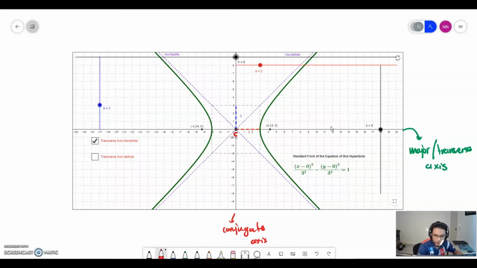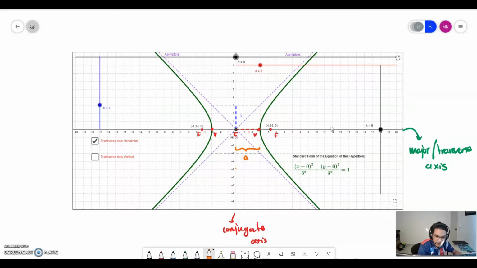This hyperbola has its focus right over here. This is the focus for the hyperbola, and at the edge of the line here, there will be the vertex. There are only two vertices in a hyperbola. As with the ellipse, the distance from the center to the vertex is known as the length of a.